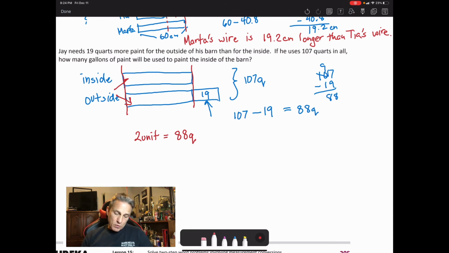So I need to figure out what one unit is, because one unit would be the inside. So 88 divided by 2 would be 44 quarts. Okay, but I'm not done yet because I want to know what the answer is. So 44 quarts would be how much paint would be on the inside.